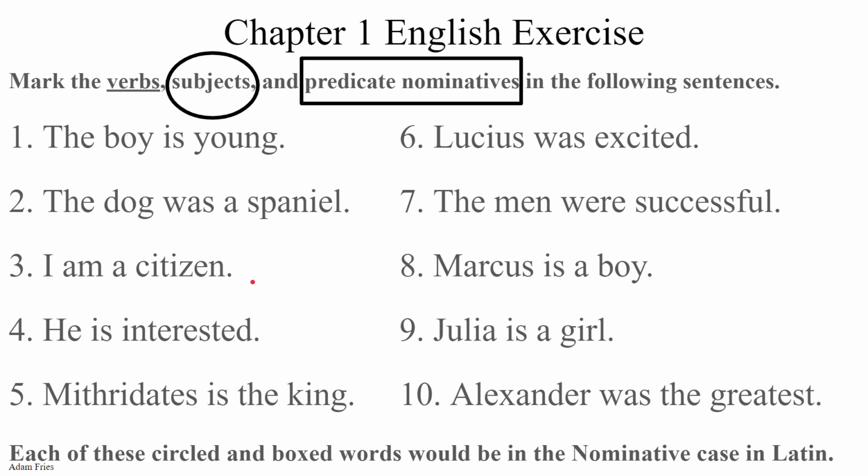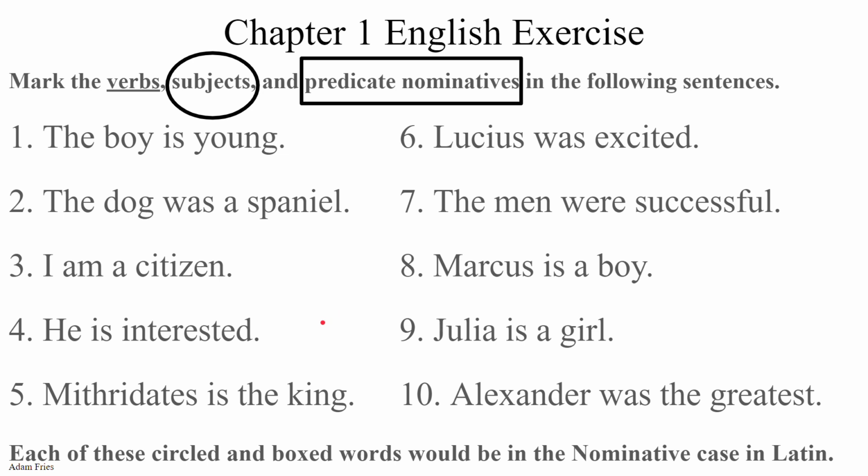Sentence 4. He is interested. Hopefully by now you should be able to see that we can circle he, underline is, and put a box around interested as the predicate nominative. It's an adjective, participle, same thing.